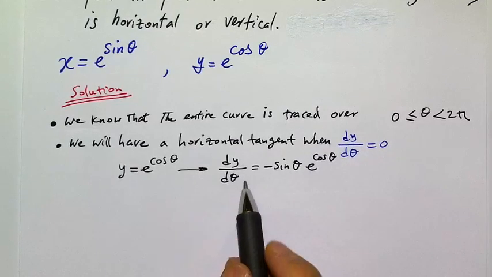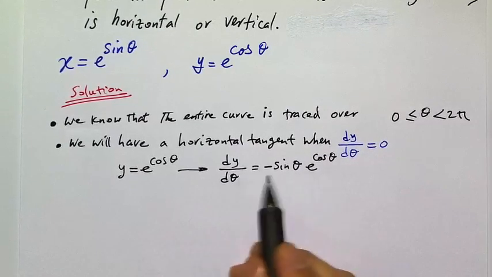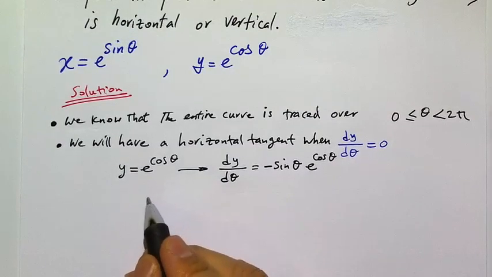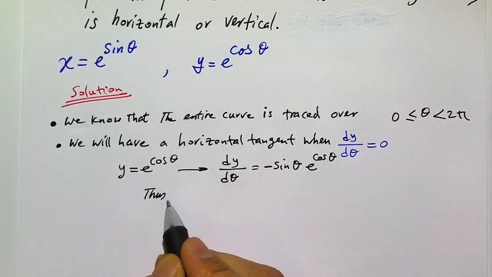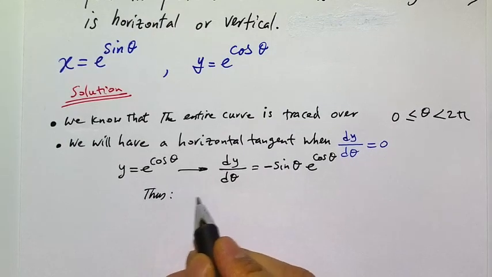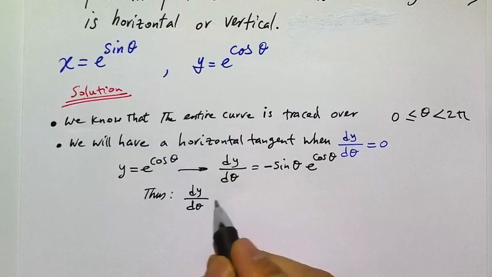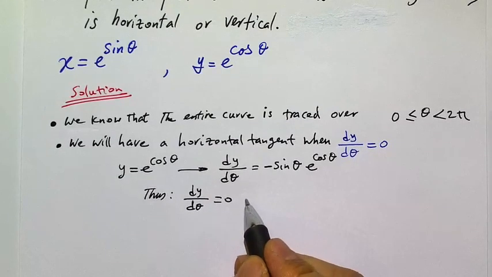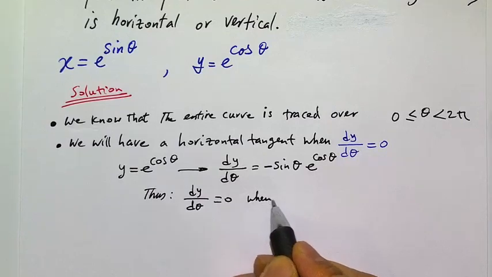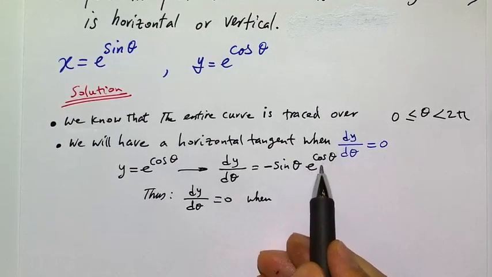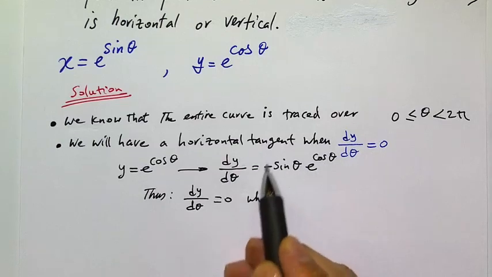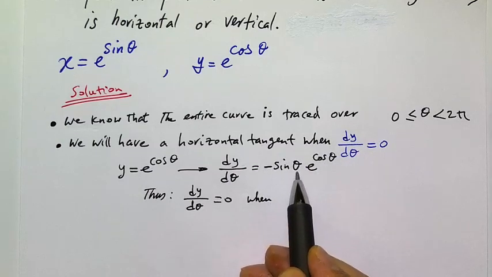Based on this dy/d theta, because the exponential part is never 0, this quantity is 0 only when sine theta is equal to 0.